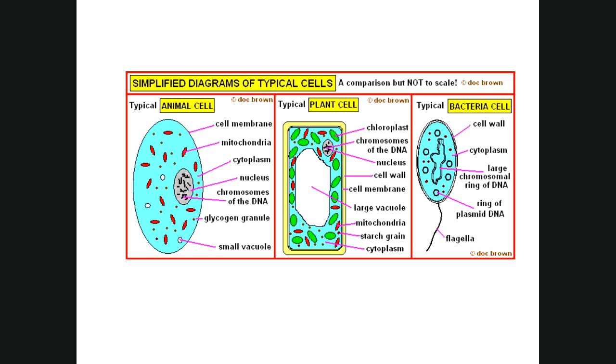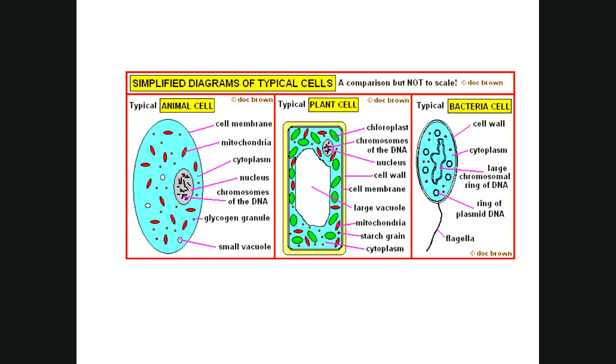The bacterial cell is known as a prokaryotic cell because it doesn't have a nucleus like the plant cell or animal cell. You can see here there is no nucleus. There is only DNA present in the cell. That's why this is known as a prokaryotic cell. Pro means first, karyon means nucleus. It means before the nucleus. This cell does not possess a nucleus.